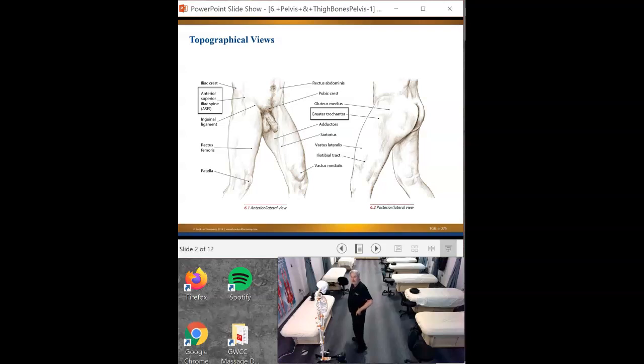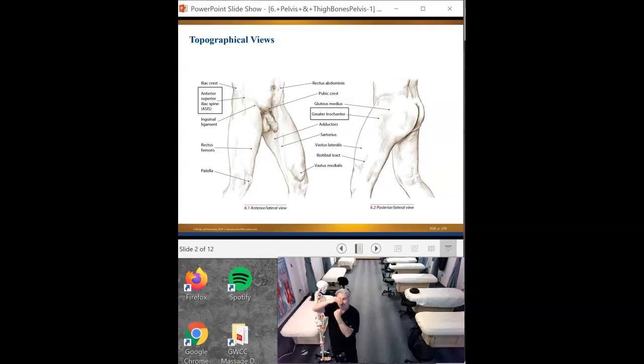These are very important to me as landmarks for massage therapists because I'm often working between the greater trochanter and the crest of the ilium. I'm often working between the anterior superior iliac spine and the femur. These give me an idea where the hips are and the femur is. Because the greater trochanter is a big bump on the femur, so it lets me know, hey, that's the femur.